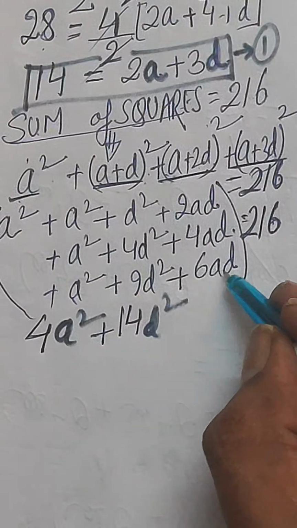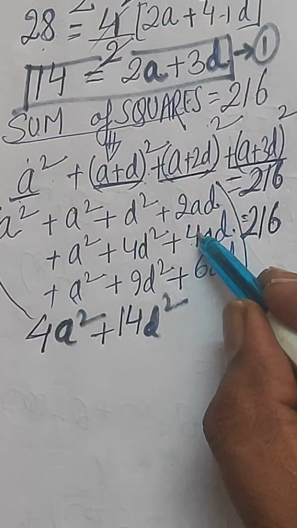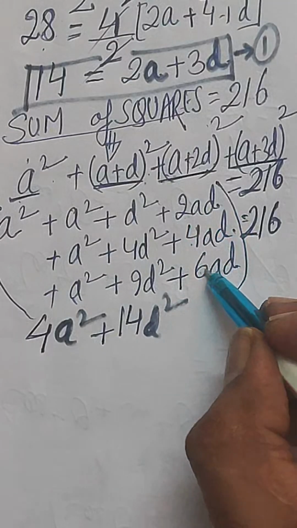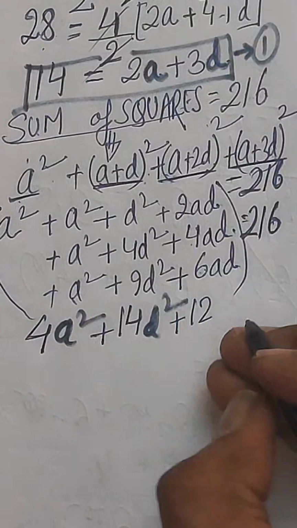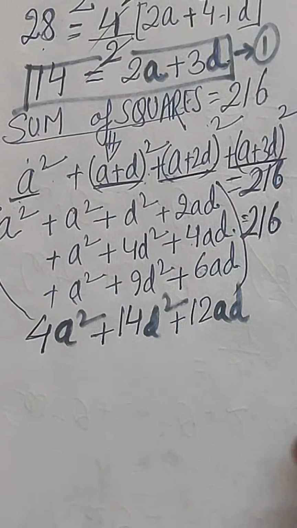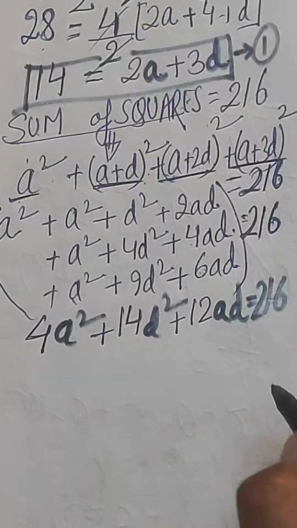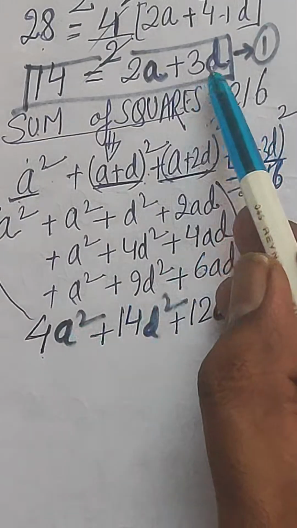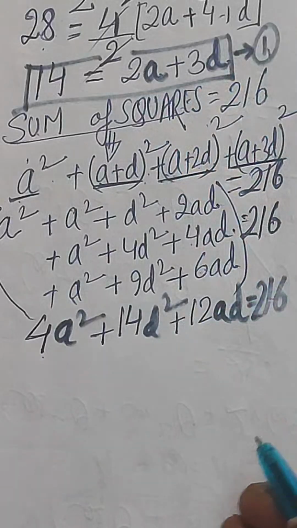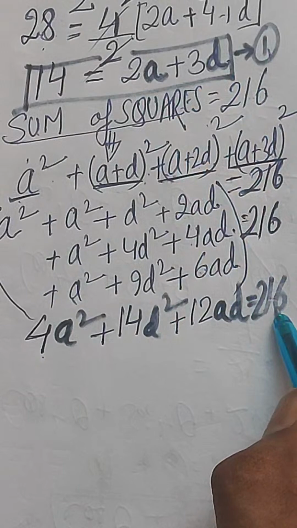Now what about ad? 2ad, 4ad, 6ad. 4 plus 2 is 6, 6 plus 6 is 12. So this will be giving you 12 times ad, and all this will add up to give you 216, right? Now we have already derived one of the equations. So 4a square plus 14d square plus 12ad is equal to 216.